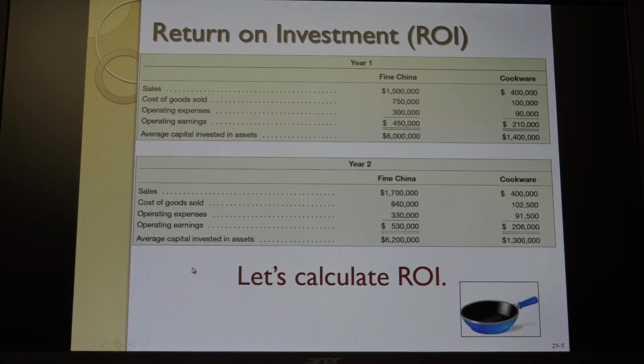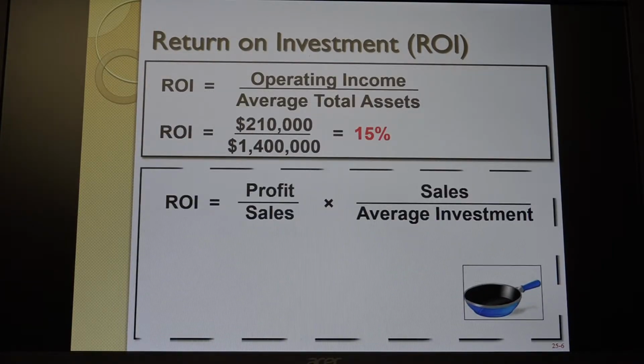Normally, average capital invested in assets, though, is going to be your beginning year assets plus ending year assets divided by 2. But here they just give you the number. And so we're asked to calculate ROI for these two segments of a company.